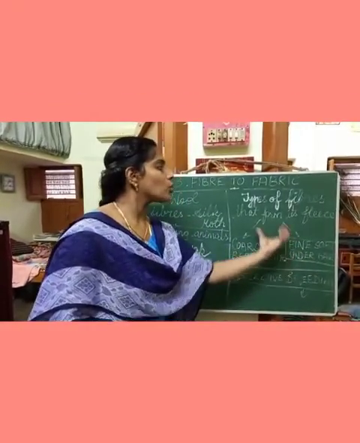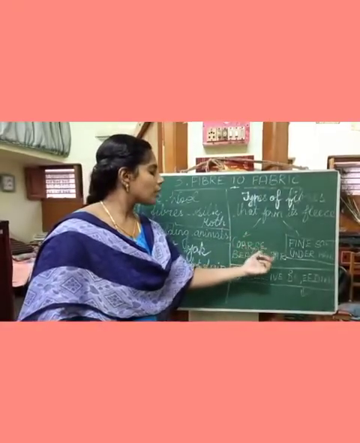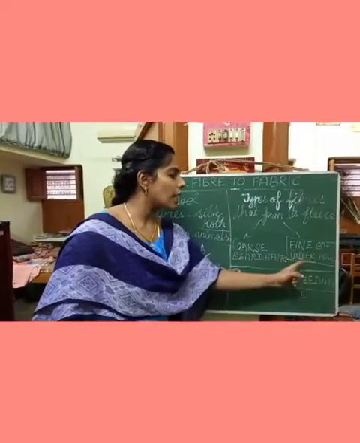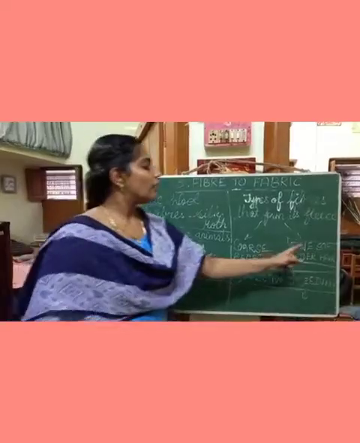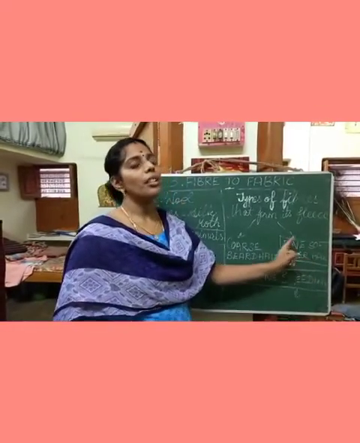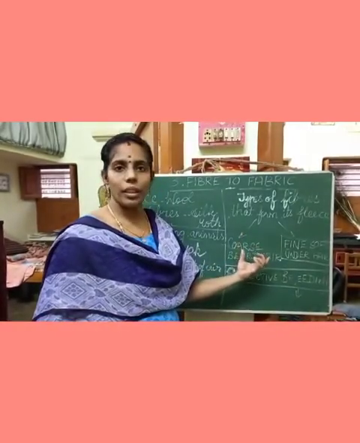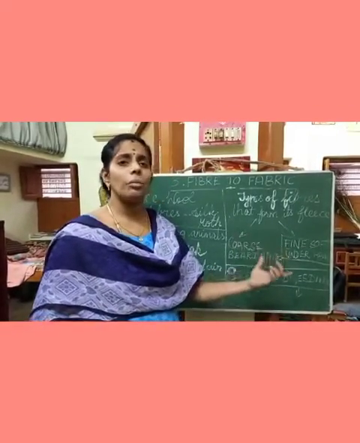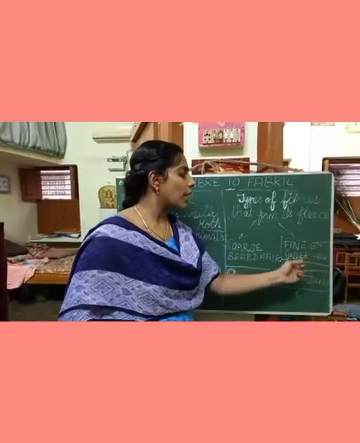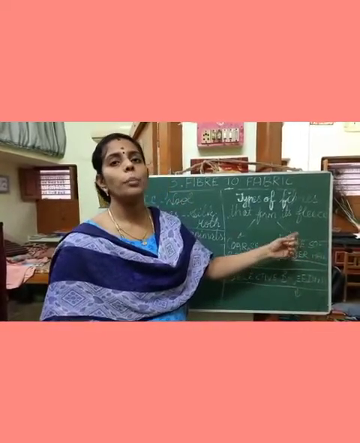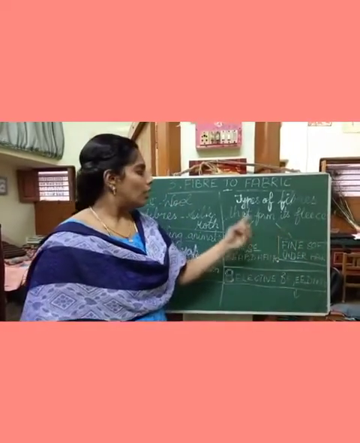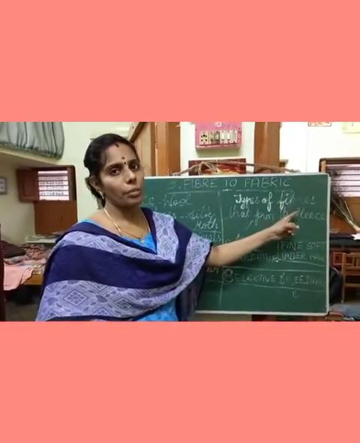These two combine to form the fibers: coarse beard hair and fine soft under hair. Here the fine soft under hair is used for the production of wool, whereas the coarse hair is not used. In many animals only the fine soft under hair is used for the production of wool. This is about the types of fibers.